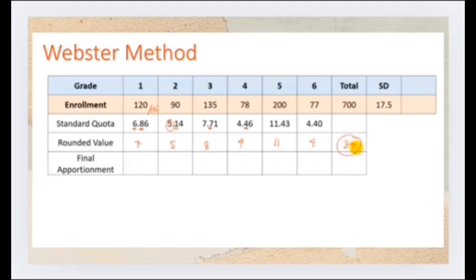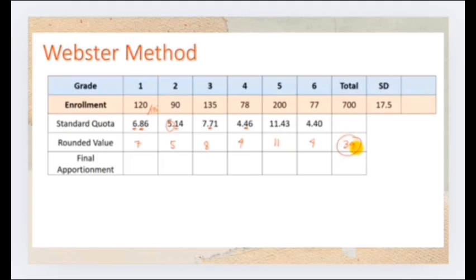Magiging 7. And, okay, so, ito naman, 5.14, katabi na is 1. So, hindi siya may round off kasi less than 5 siya. Tingnan nyo, 1 lang siya. So, hindi na tayo mag-round off. So, yan, 5 na siya. Okay, yan. 8, 4, 11, 4.